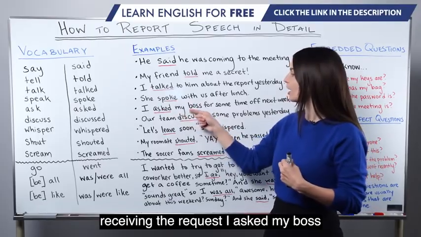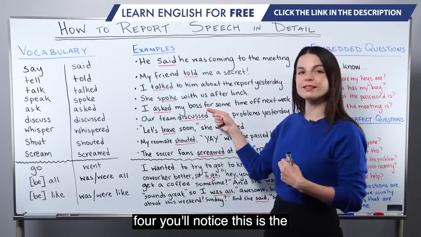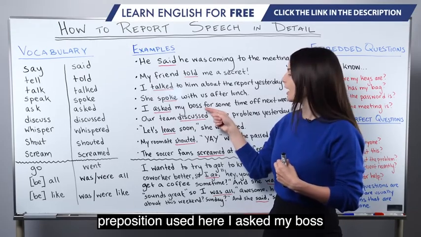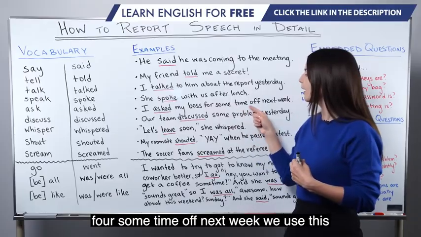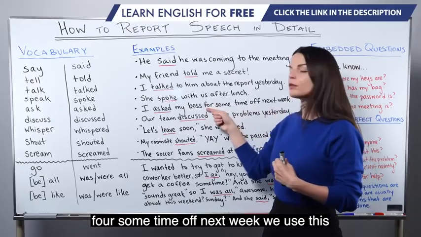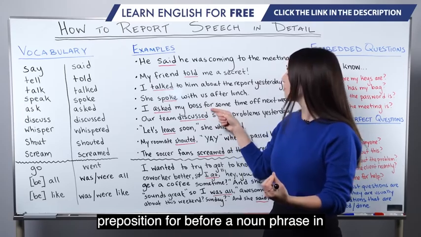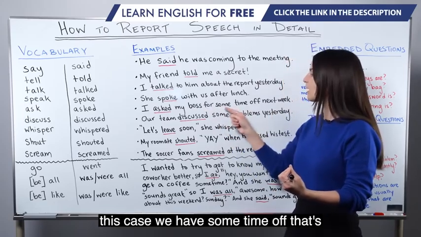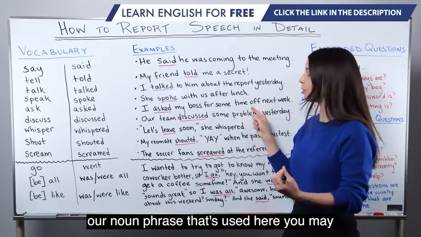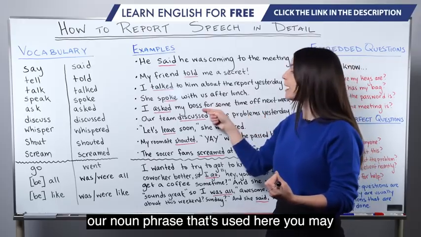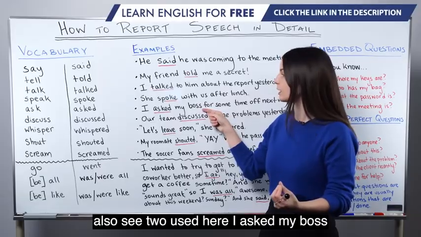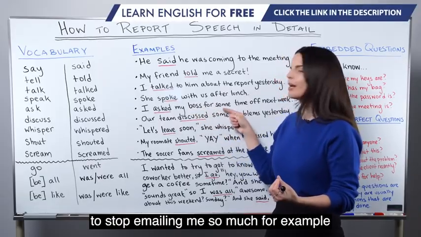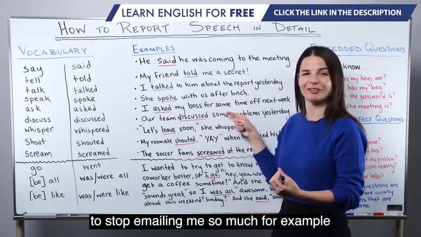I asked my boss for. You'll notice this is the preposition used here. I asked my boss for some time off next week. We use this preposition for before a noun phrase. In this case, we have some time off. That's our noun phrase that's used here. You may also see to used here. I asked my boss to stop emailing me so much, for example.